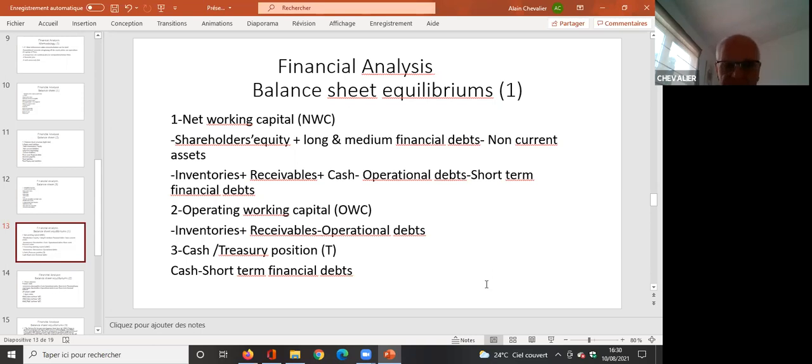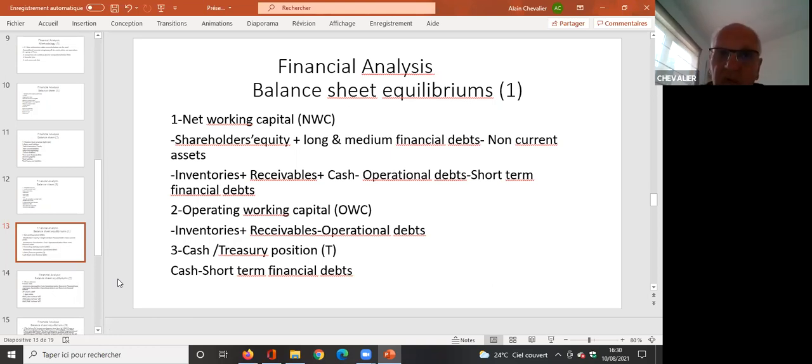The first one being the total equity, and the second one being the long and medium-term financial debt.